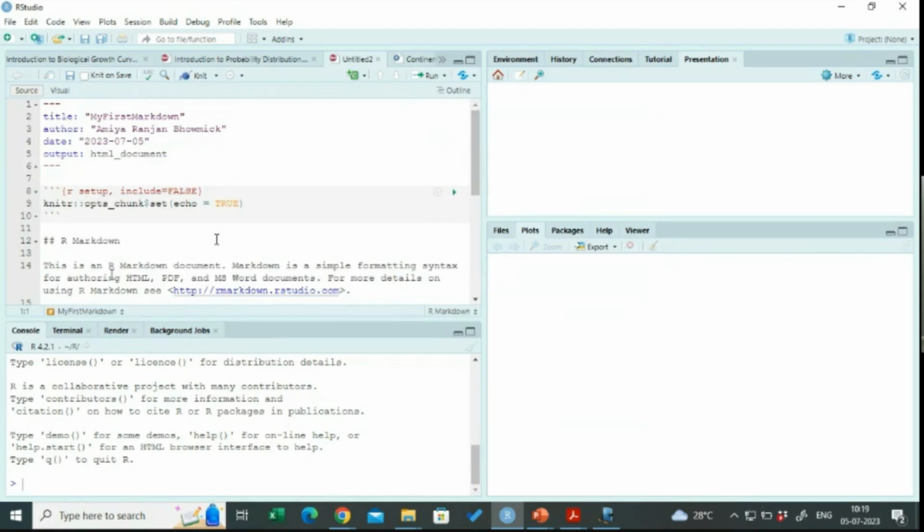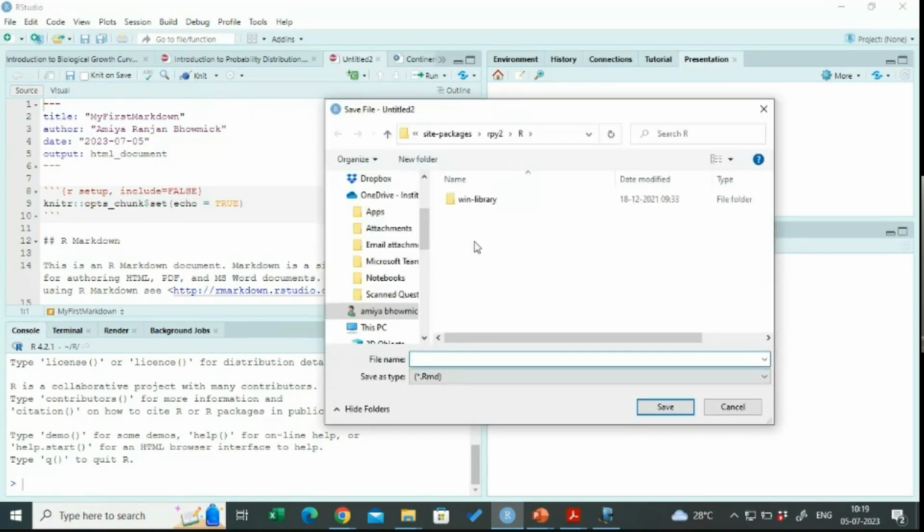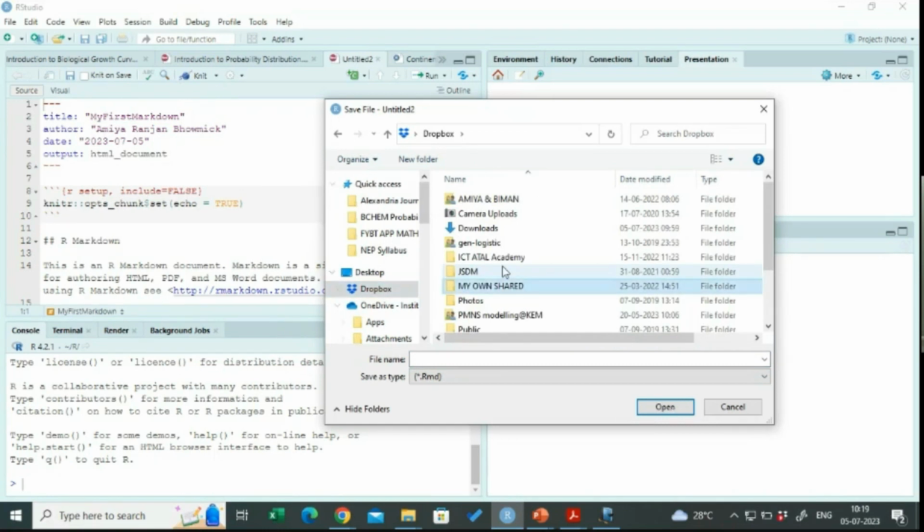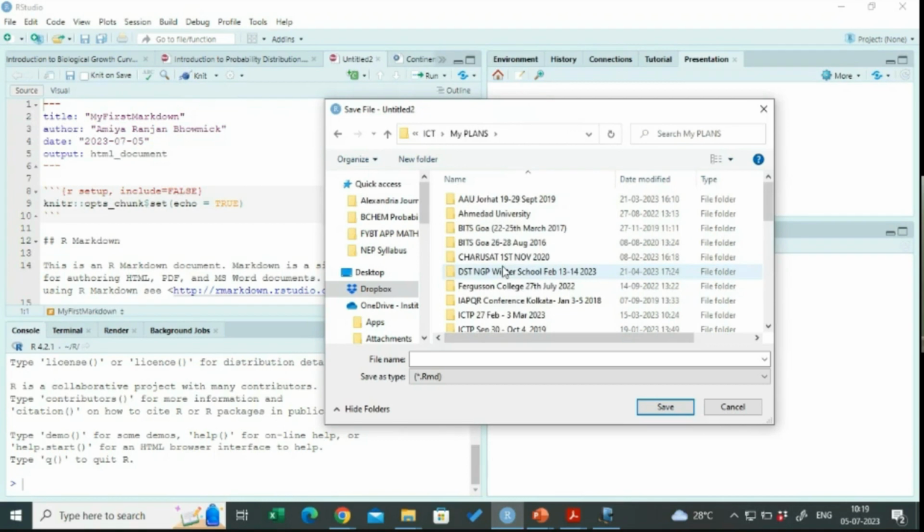Some of the things they have added. You go to Knit. See, there are different options. Say, for example, you knit with HTML. You have to save this. Let me save it over here. I'm just creating a new folder.